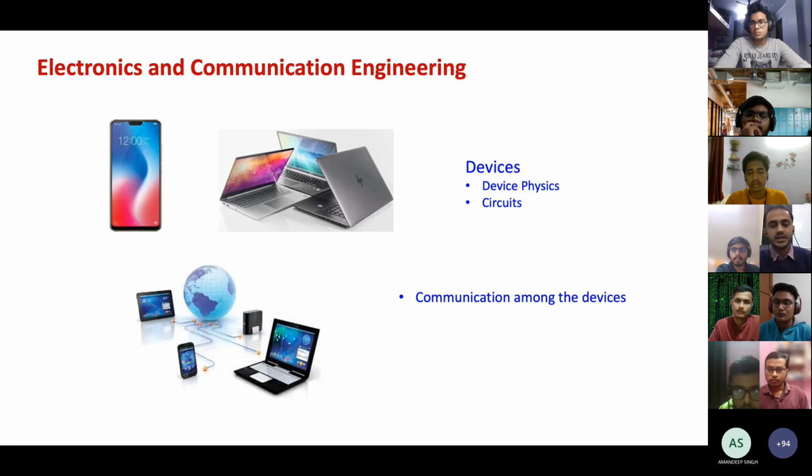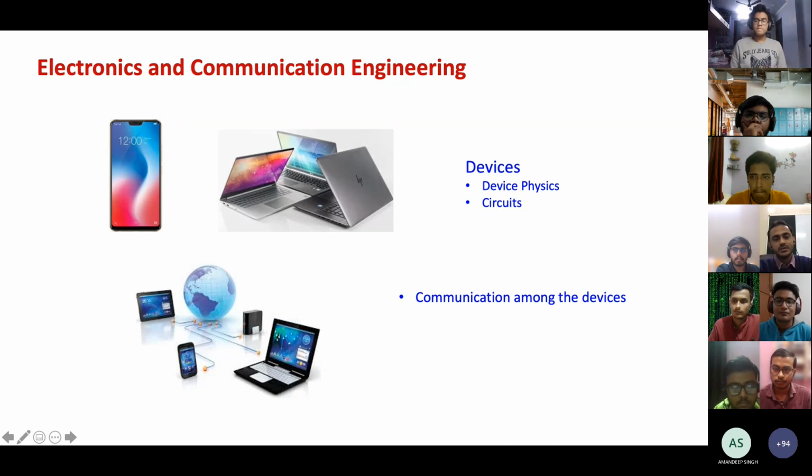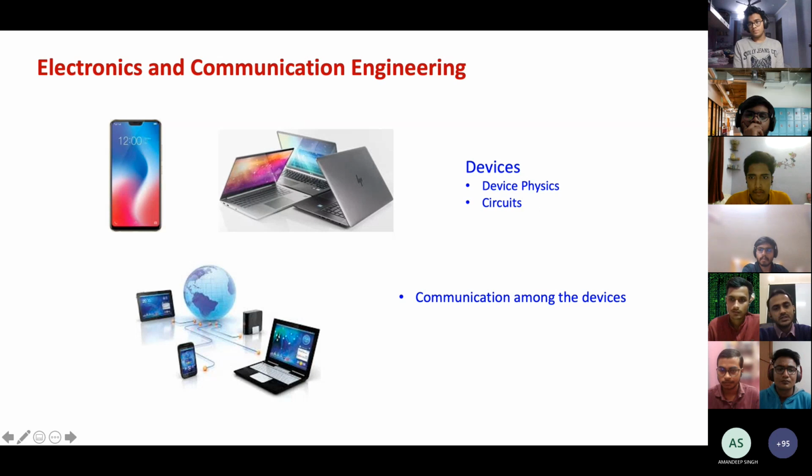That's where communication engineering comes into play. And that's what our department name, Electronics and Communication Engineering, stands for. It means we build electronic devices and circuits, and we study communication between various systems and devices.